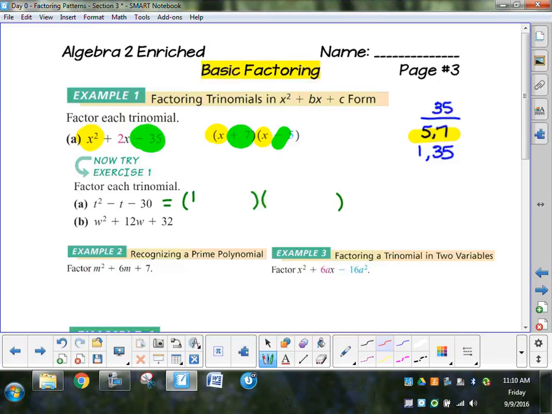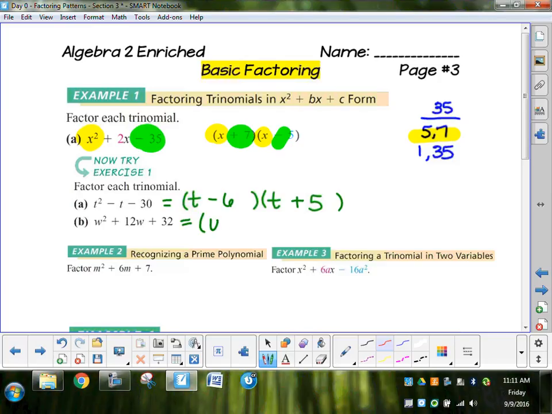T. So it'll be T minus 6 and T plus 5. All right. Tally, what did you get for the second one? W plus 8 times W plus 4. There you go. Questions on that?